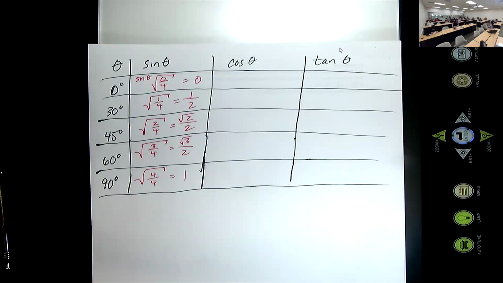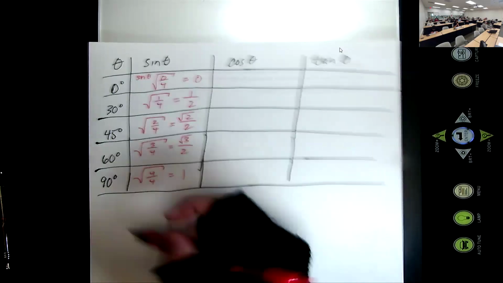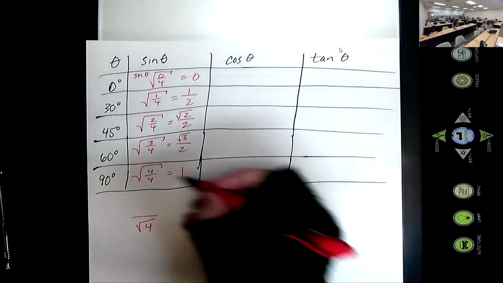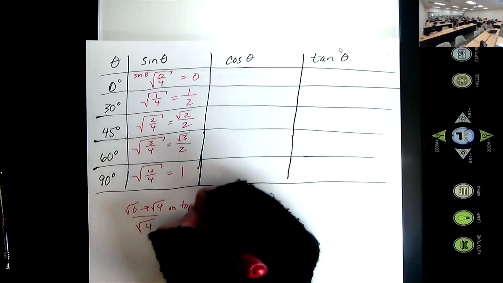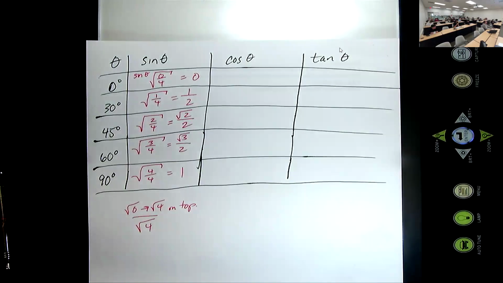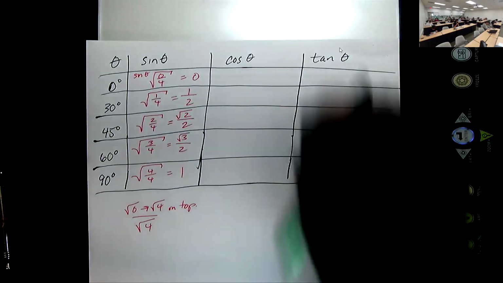You guys see that pattern? So square root of 4 on bottom, and square root of 0 through square root of 4 on top. They just go in order. Cosine moves in the exact opposite order.